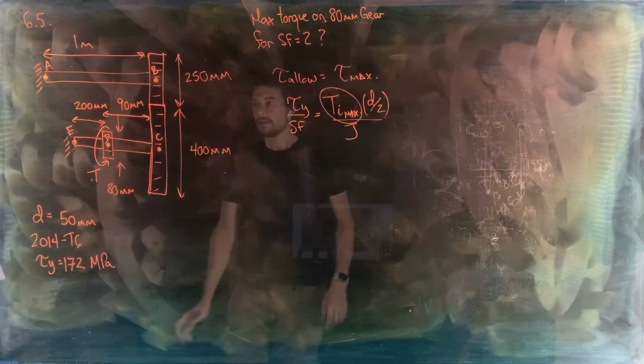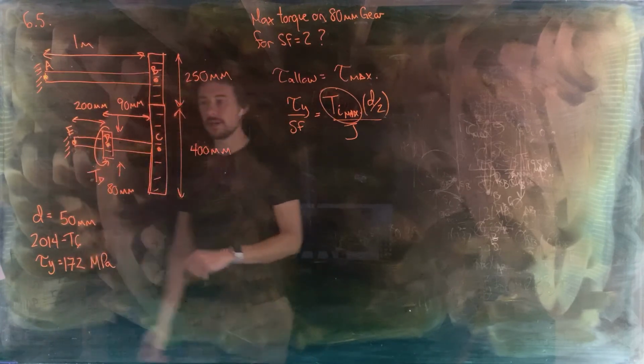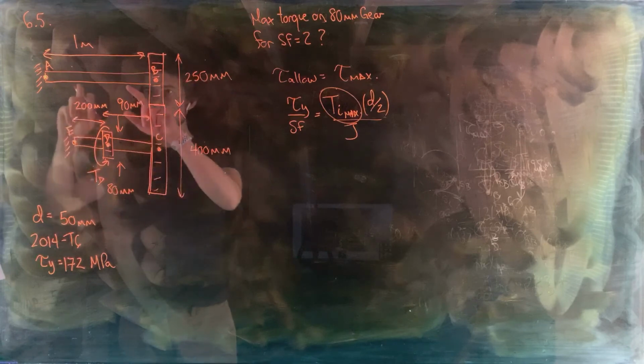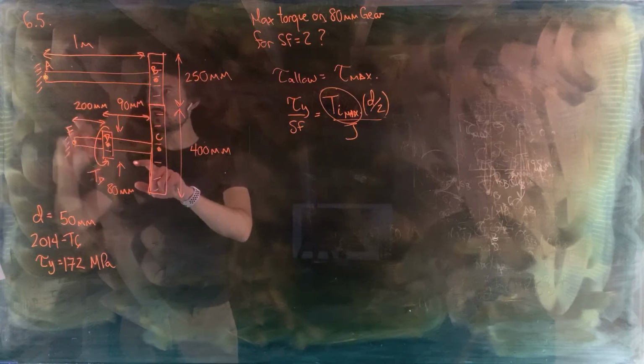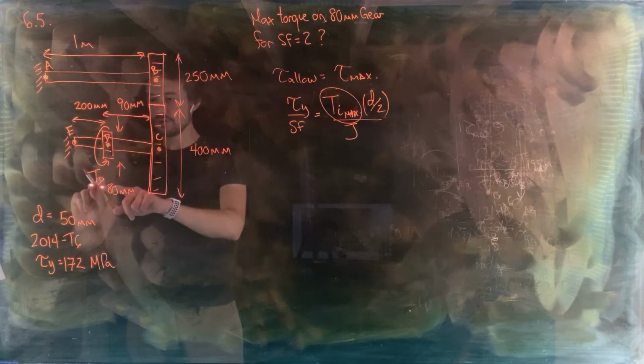Okay. So the torque being applied to gear D is T_D. We want to find the internal torques in these two shafts, shaft AB and shaft CE, in terms of the applied torque T_D.